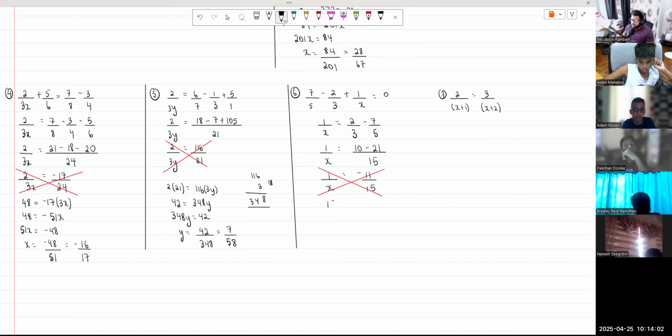I'm going to get 15 is equal to minus 11x. Move it around. I get minus 11x is equal to 15. Divide both sides by minus 11. x is 15 over minus 11. If the minus sign is on top, that is no problem. If I had minus 15 over 11, that is also correct. Okay? That is also correct.